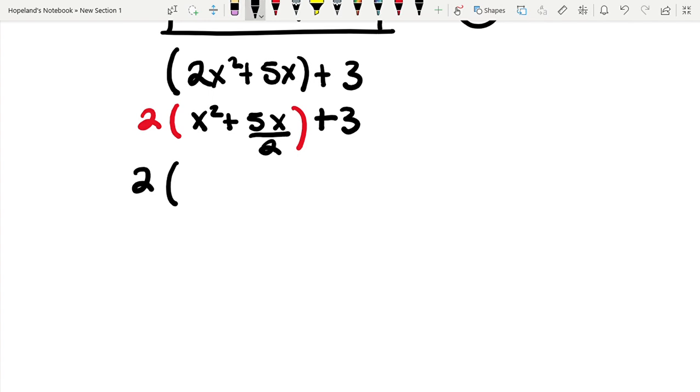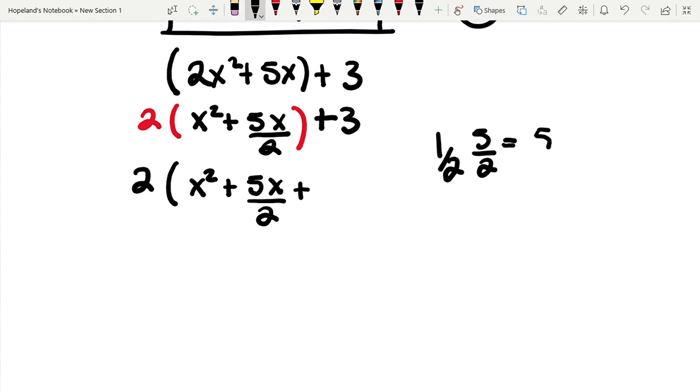So you'll have x squared plus 5x over 2 plus, taking half of 5 over 2, you end up with 5 over 4.